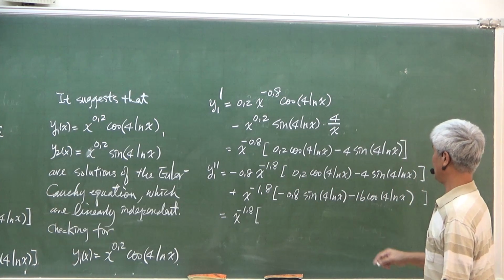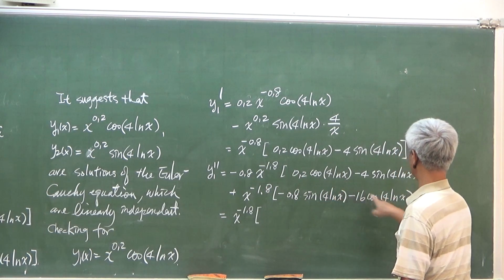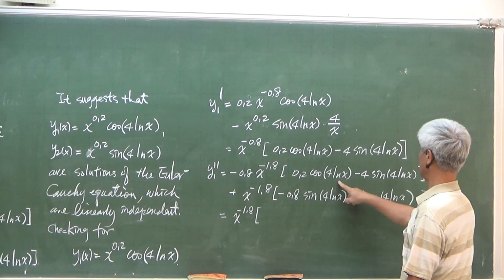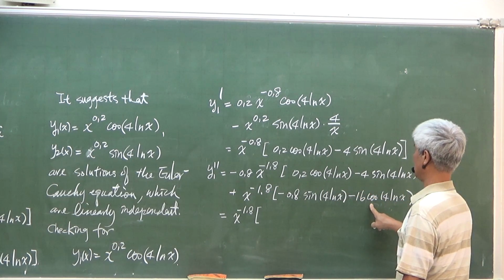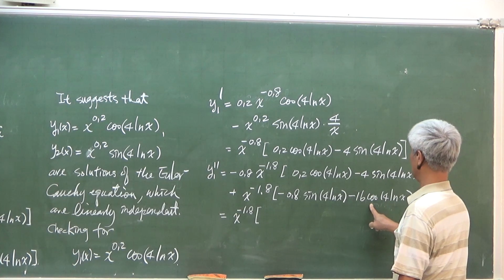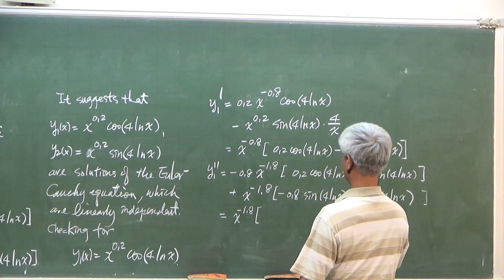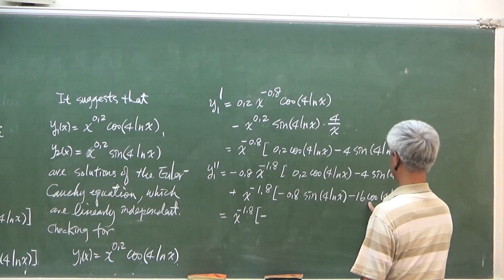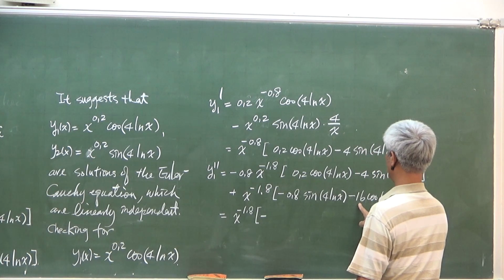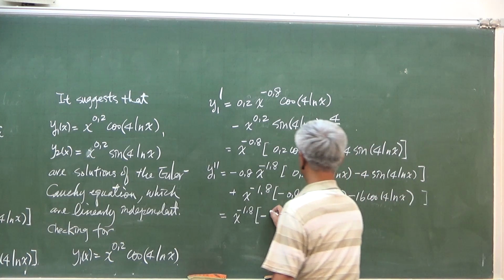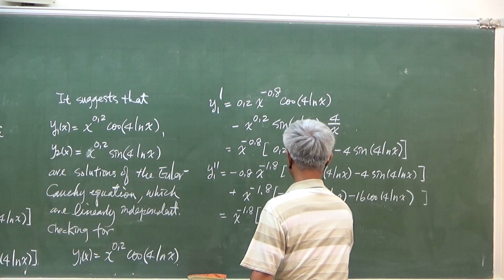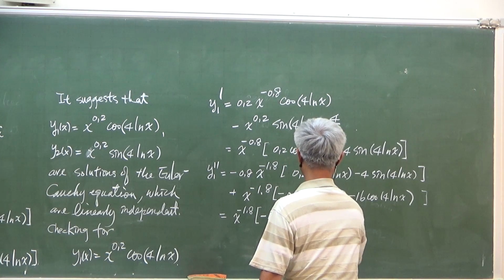For cosine, we have two cosine of the logarithm of x here, and so we have minus 16.16 cosine.